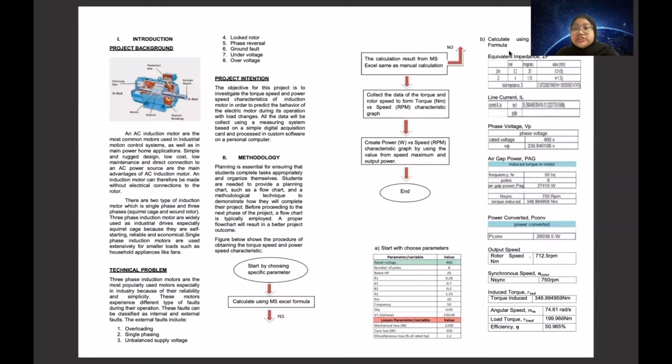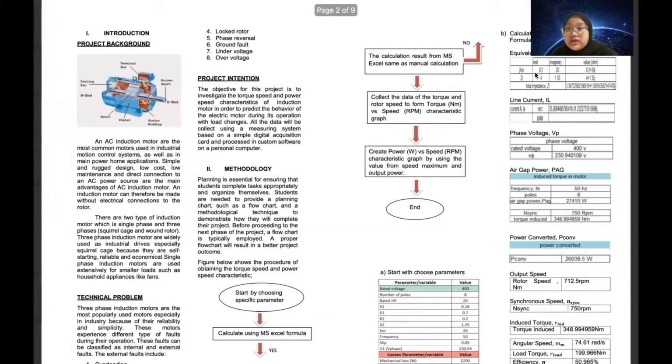So for the ZF we use the formula, as you can see here. This is the total we get. So we calculate the line current, the phase voltage, and the air gap power. We use the frequency, the poles, then the air gap power, and then torque.